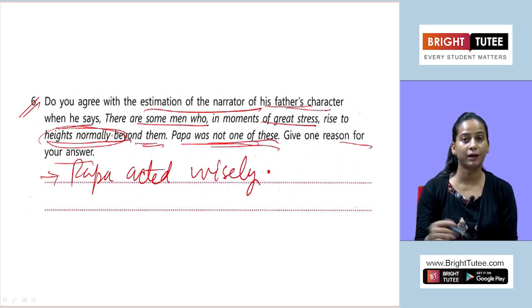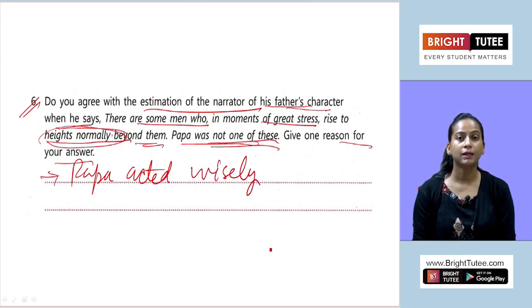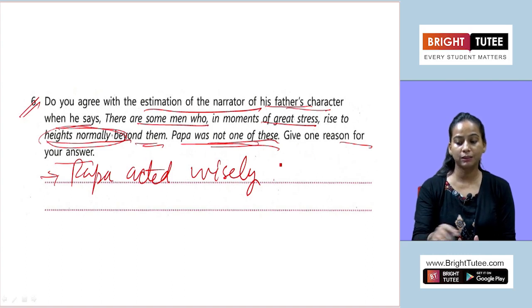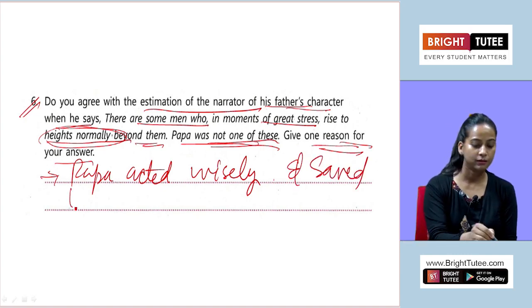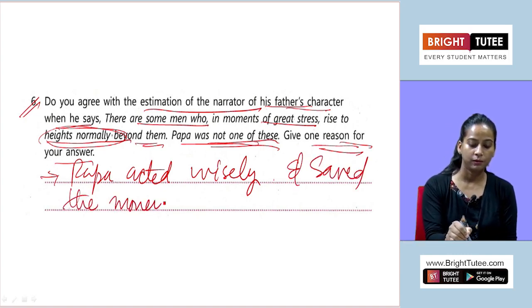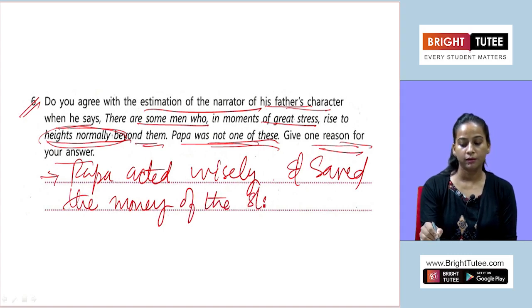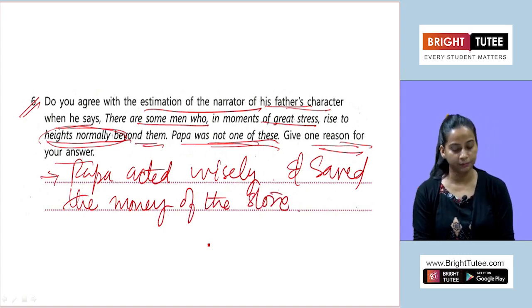Might be it was by mistake or whatever the situation was, but he was able to protect the money of the safe. Anyhow, he forgot or he pretended that he was not aware, and simply by giving the $3, he was able to save the rest of the money. So you can give the reason that he acted wisely and saved the money of the store. Clear?